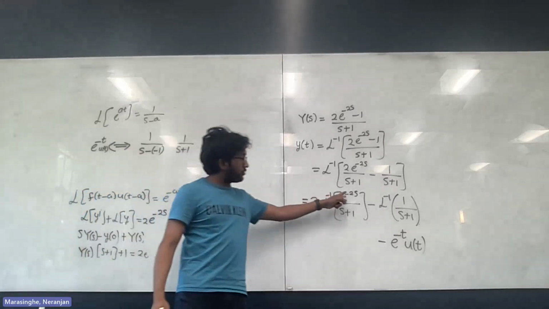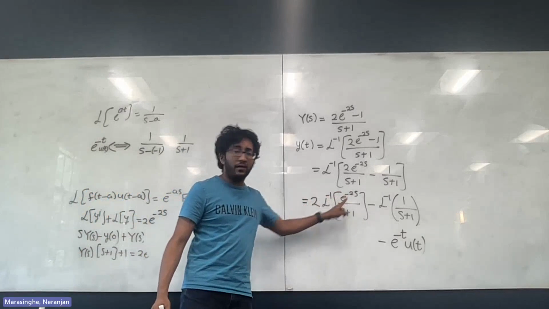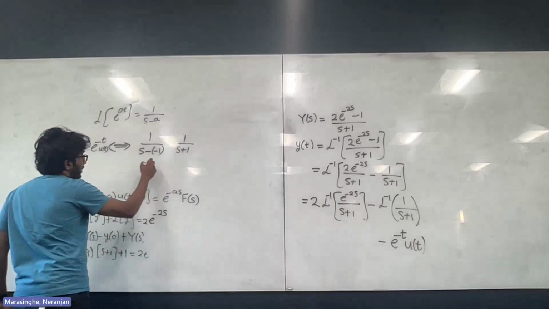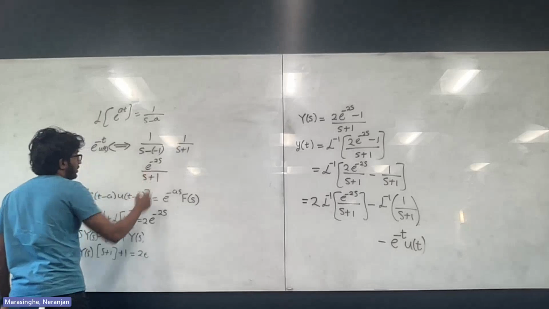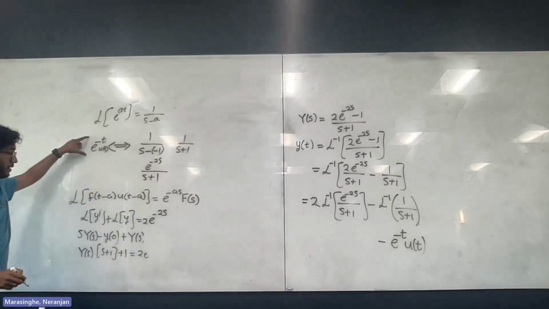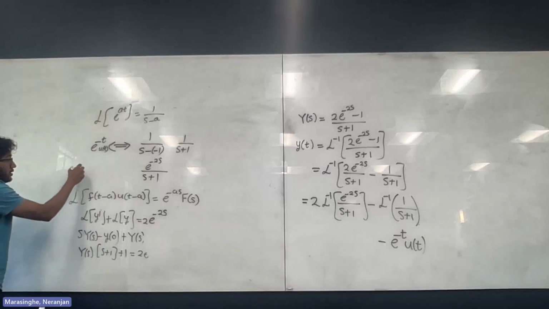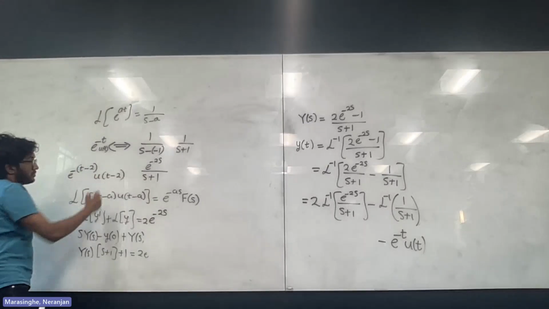I have multiplied by e to the minus 2s, so it's 2. What can we say about the inverse Laplace of e to the minus 2s divided by s plus 1? I need to translate this function by 2 units. So I would get e to the minus (t minus 2) u(t minus 2).